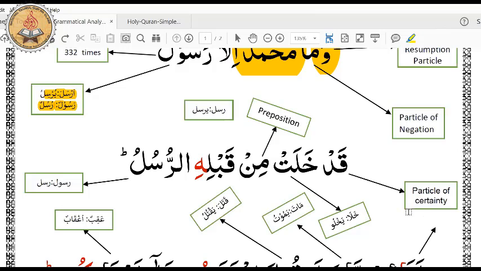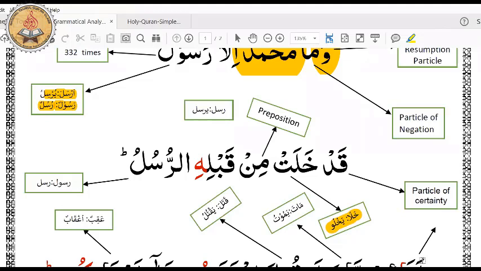So after that, the word is khala. Remember, here I have put khala yakhlu. As I mentioned, in Arabic, if we want to tell a person the root of any word, or a tense, or you can say a doing word, what the background is and how it starts, we start from the third person male past.